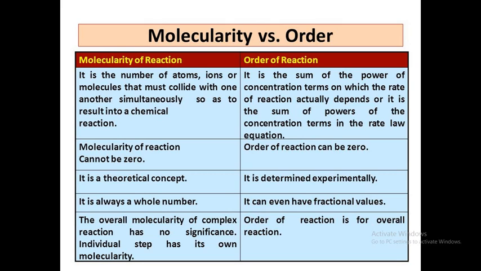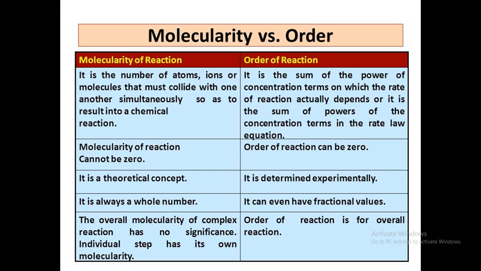Okay, and then let us discuss what is molecularity and what is order and the differences between them. In a balanced chemical reaction, the number of species which are reacting is known as molecularity of that chemical reaction. That means the number of different molecules which are reacting in a particular chemical reaction is known as molecularity of that reaction.